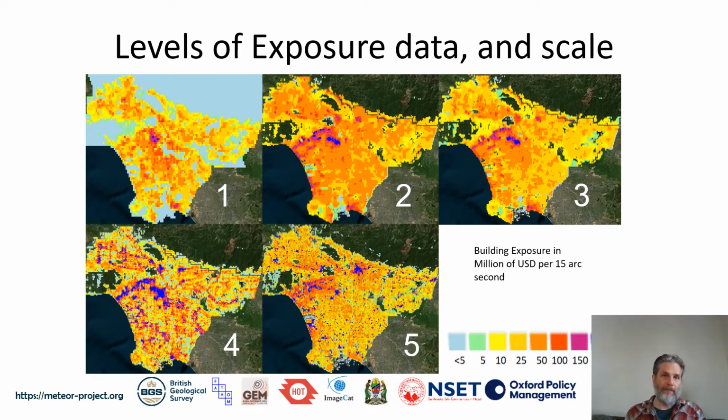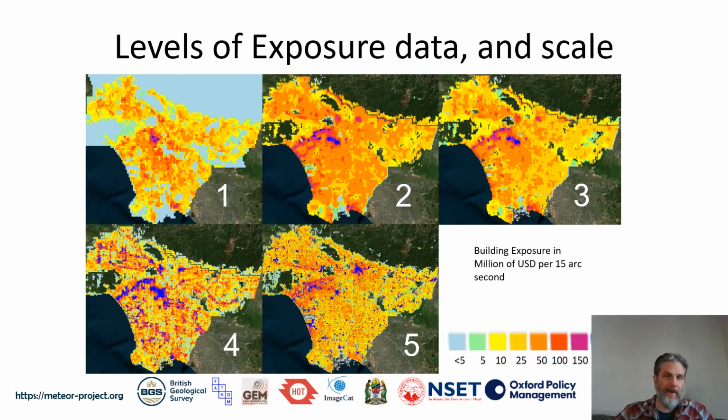So we came up with 5 different levels, and here they are represented for Los Angeles County, which was used to represent uncertainty in the project as well. This is why it's in Los Angeles. But here we have 5 levels of data represented that we collected for Los Angeles. So the first level would be global scale data.